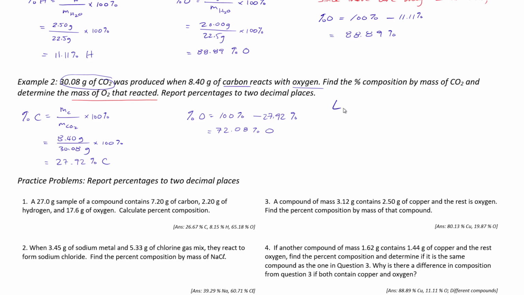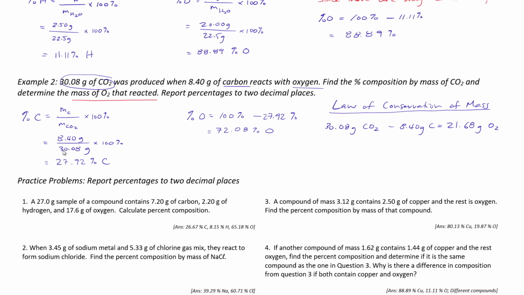So using the law of conservation of mass, which is that in a chemical reaction, matter cannot be destroyed, it can only be rearranged, and we saw that at the beginning of the reactions unit. If you know that 30.08 grams of carbon dioxide formed and 8.40 grams of that came from carbon, the remaining mass is your mass of oxygen, which is 21.68 grams of oxygen.